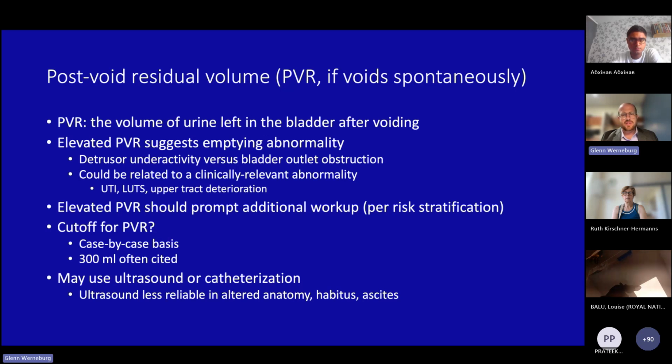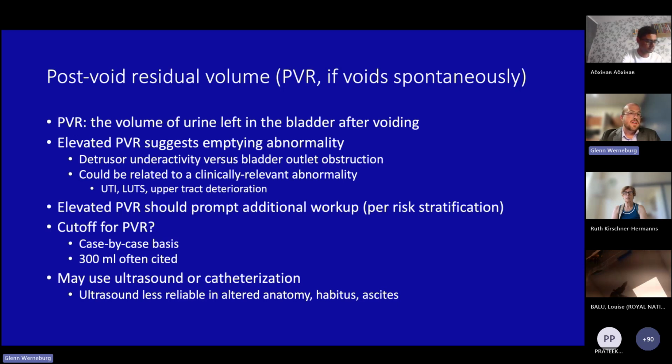Post-void residual volume, I've discussed a bit about it and what to do based on that result, but we haven't gone over much about how to measure it. So basically, the elevated PVR suggests that the patient has a bladder emptying abnormality.